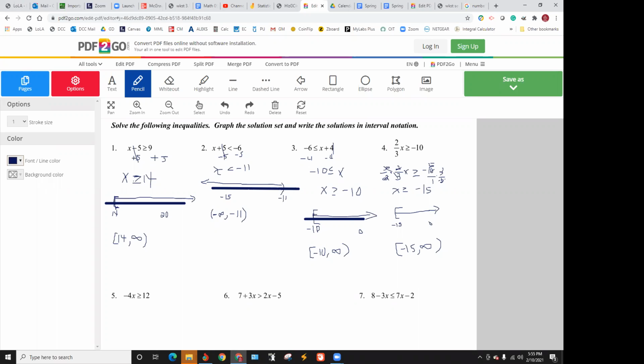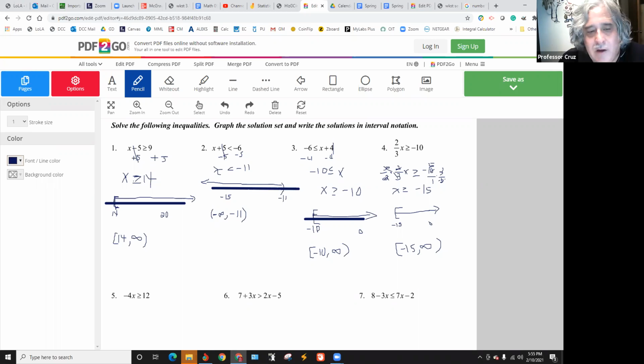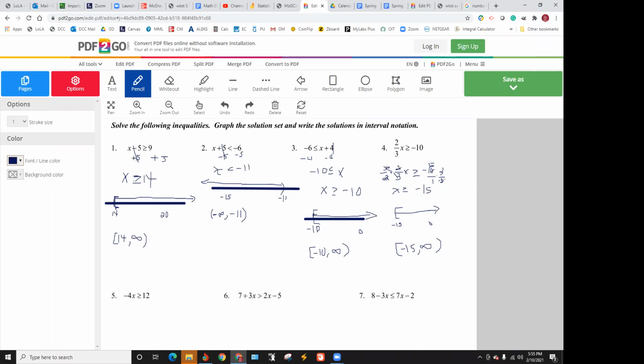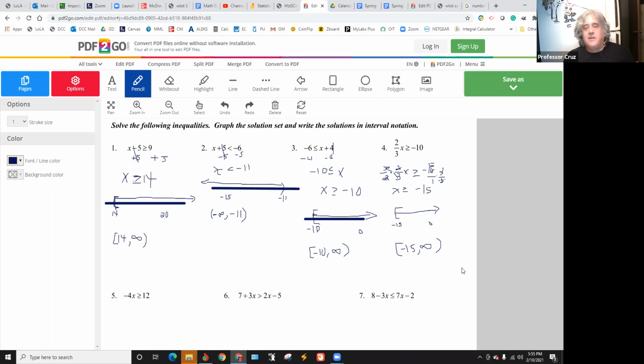So, Mr. Cruz, anytime there's a fraction in there, you always multiply by the reciprocal. How else are you going to get it as 1? That's the only way to do it. Okay, gotcha. The problem a lot of students run into is they're so used to just dividing by the number in front.